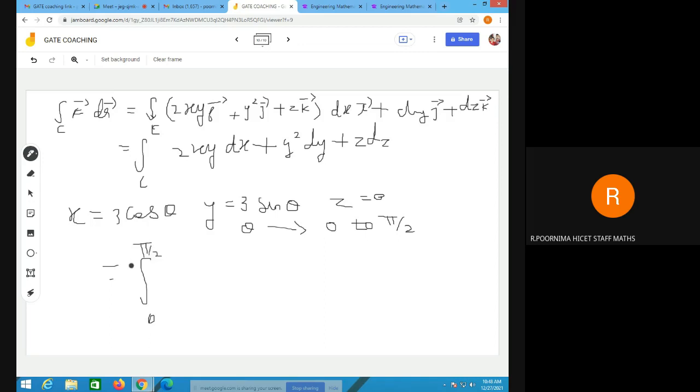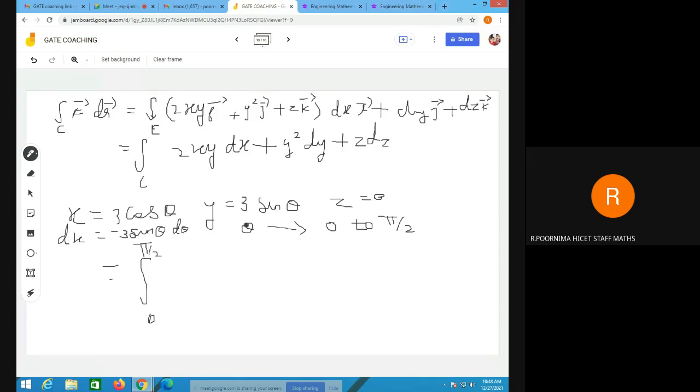2 into xy into dx is given. From this we need to find dx. So dx equals minus 3 sin theta, because the differentiation of cos theta is minus sin theta. So you get minus 3 sin theta d theta.